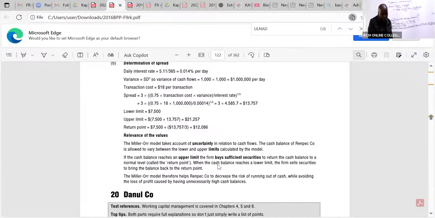So keep on doing that. So when the cash balance reaches a lower limit, the firm sells securities to bring the balance back to the return point. The Miller-Orr model, therefore, helps RENPEC company to decrease the risk of running out of cash while avoiding the loss of profit caused by having unnecessarily high cash balances.